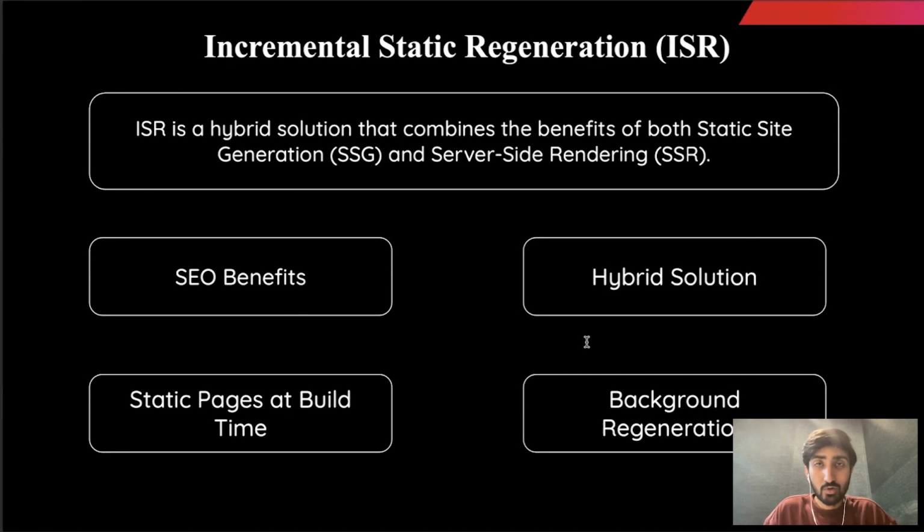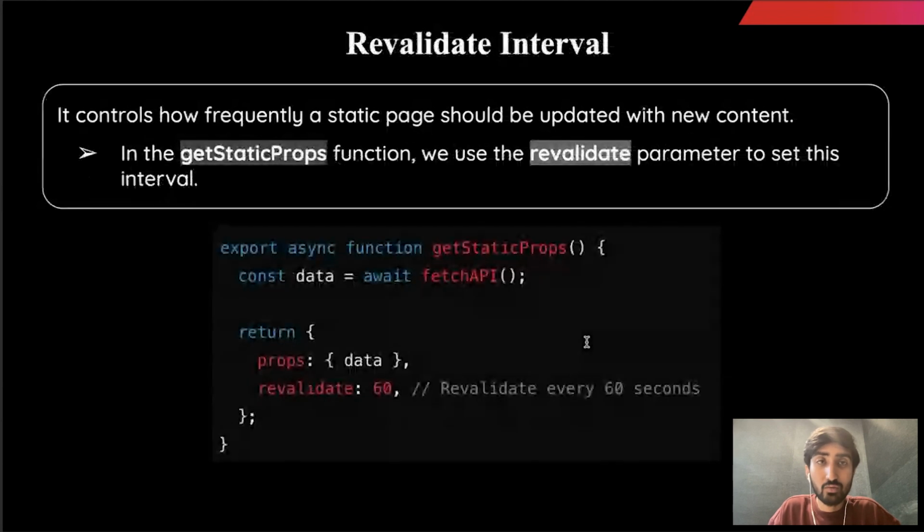It provides a static page during the build, but still gives us the possibility of background regeneration. That's how it gets the latest data from the backend and displays it on the screen, still maintaining the performance of static site generation.